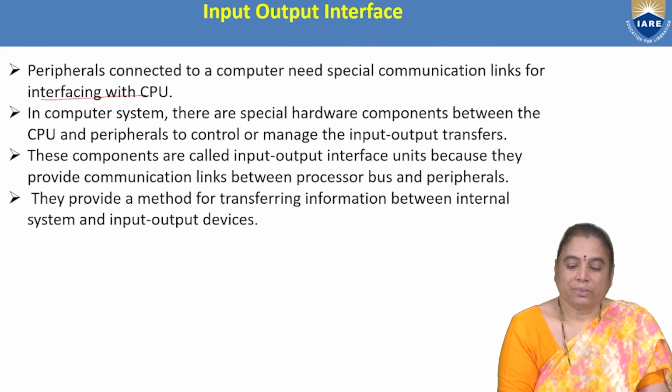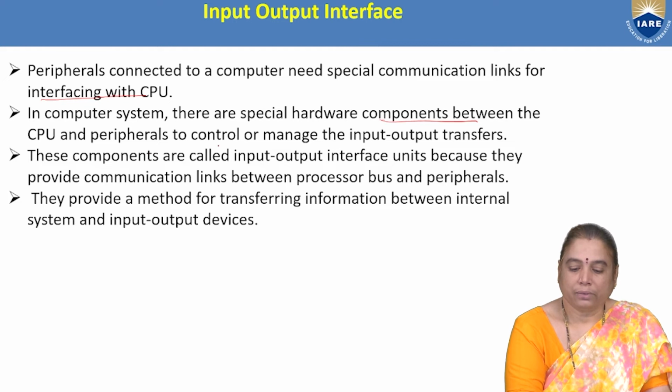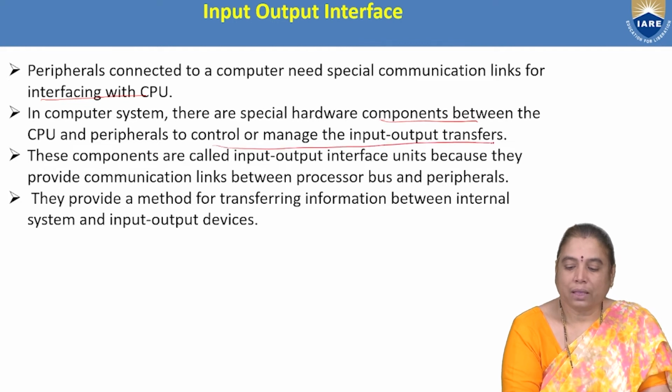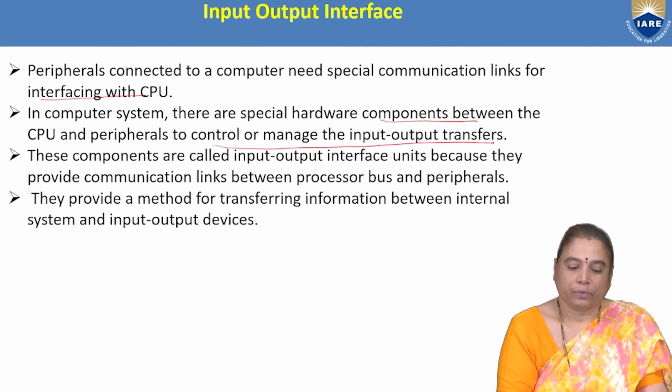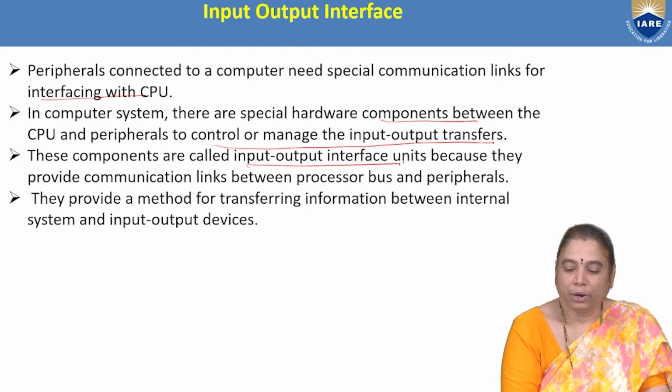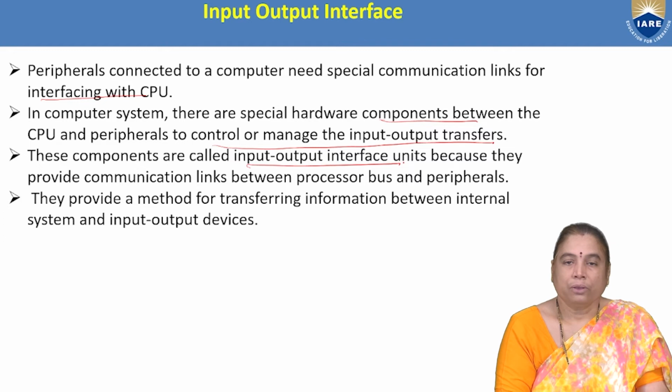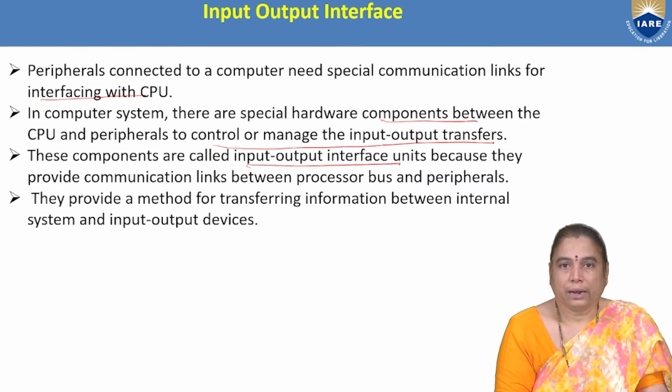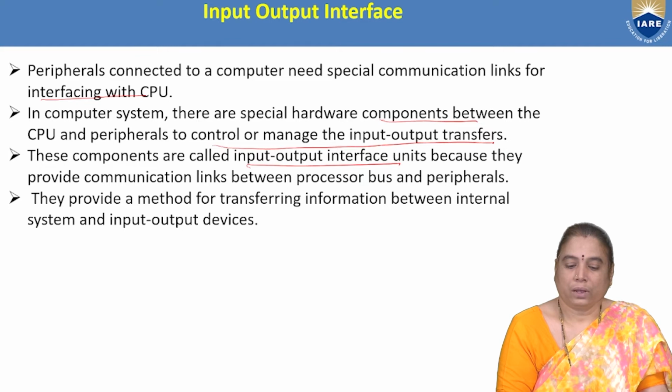In a computer system, there are special hardware components between the CPU and the peripherals to control and manage the input-output transfers. These components are called input-output interface units. With the help of the interface unit, the input-output devices can facilitate the communication between the CPU and the external world.